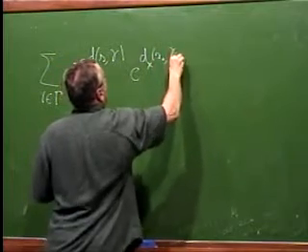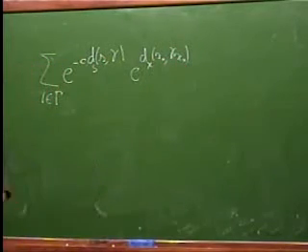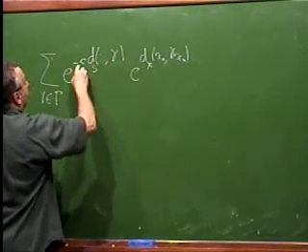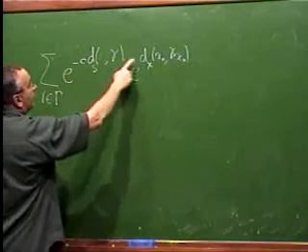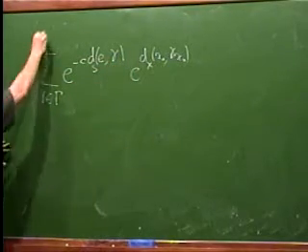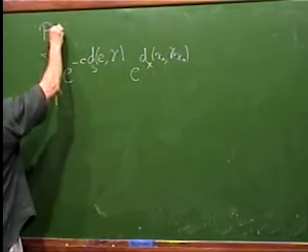I just want to compute the rate of convergence, and the critical exponent does not depend on the point you start with. Let me start with the identity. So it is indeed the Poincaré series of the situation.